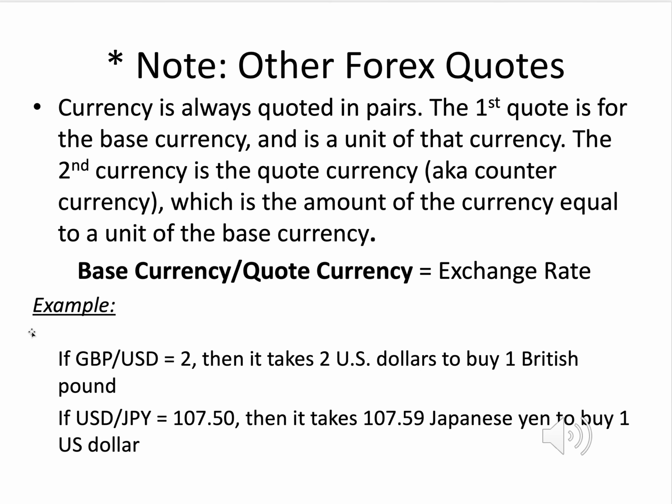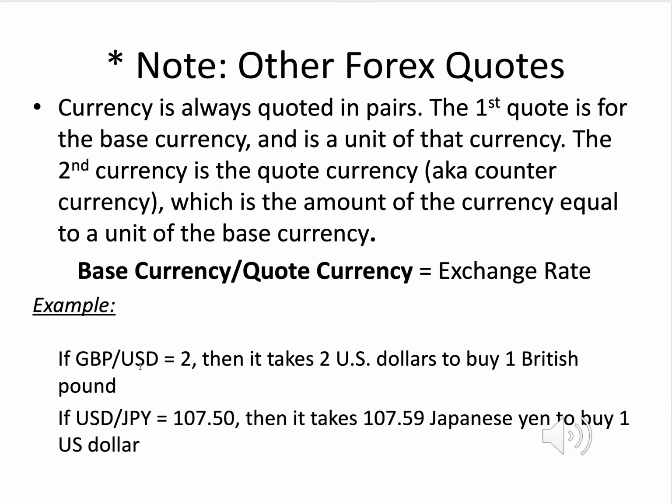Now let's look at price quotation. There are other ways, printed press like the Wall Street Journal or sometimes Bloomberg. They are using pairwise two currency symbols. The first one, for example GBP, British Pound, slash USD.